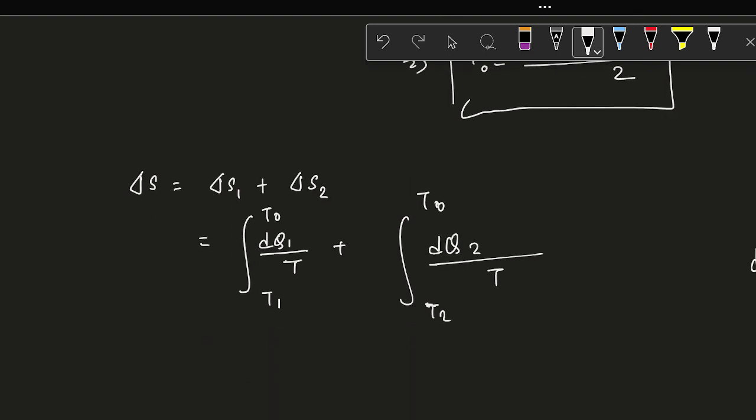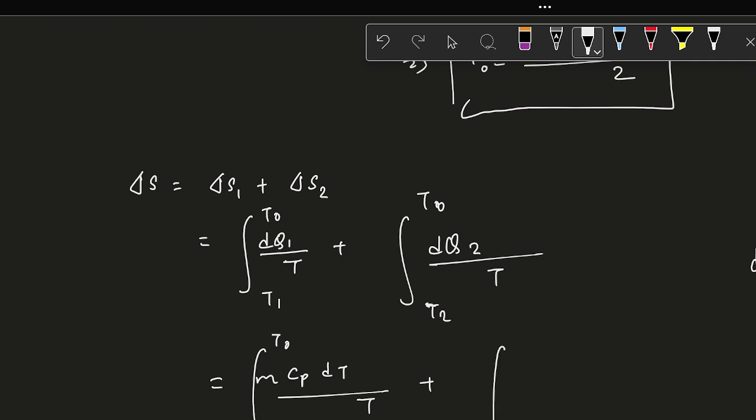Now for dq1 and dq2, we know that dq1 is the heat lost from the first system, that is mCp, and instead of taking the difference you take it as dT, the change in temperature, because you have to integrate. So it is mCp dT by T integrated from initial to final temperature.